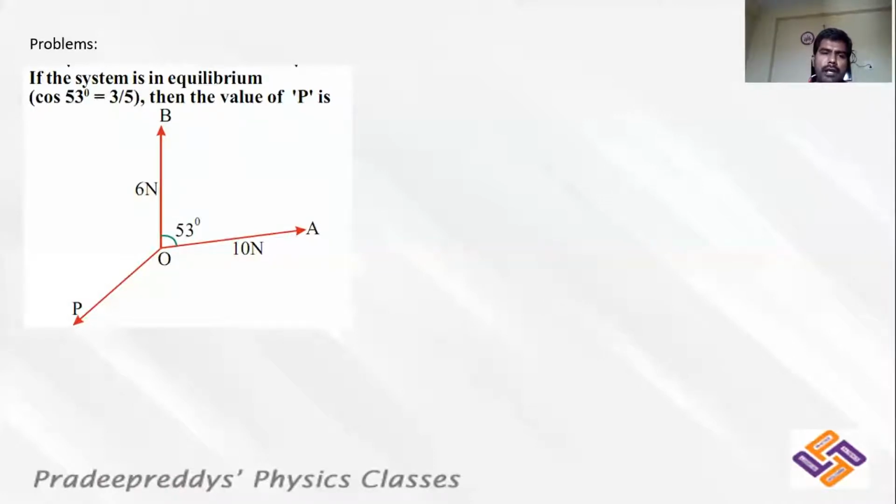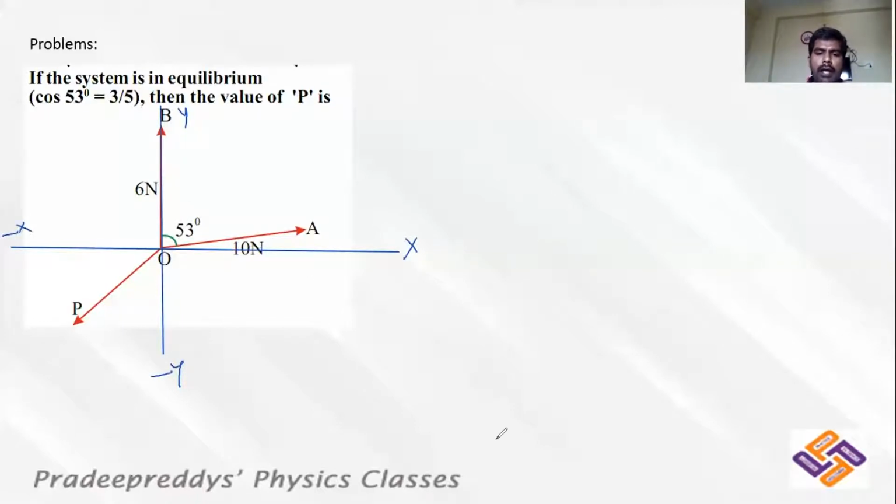For that, I'll take the Cartesian coordinate system to represent these vectors. This is the x-axis and this is the y-axis, along this is x, minus x, y, minus y. And A bar is making an angle of 53 degrees with the y-axis.